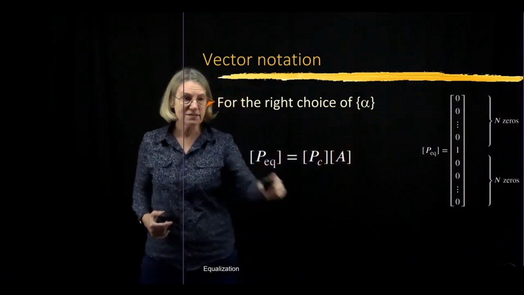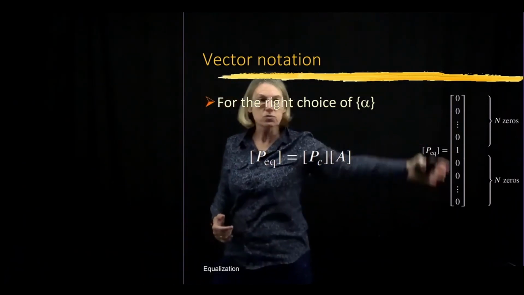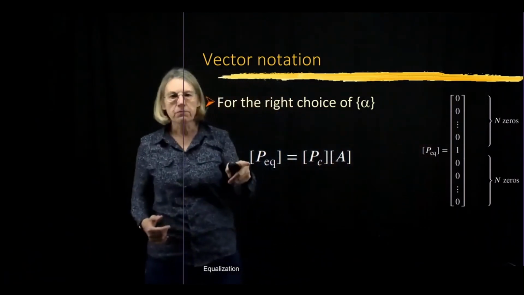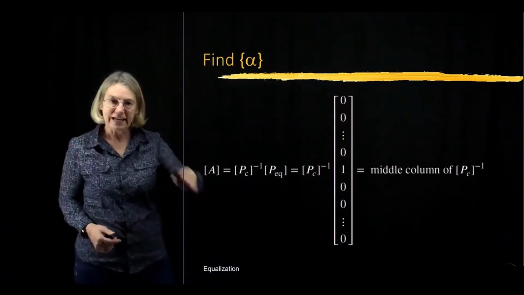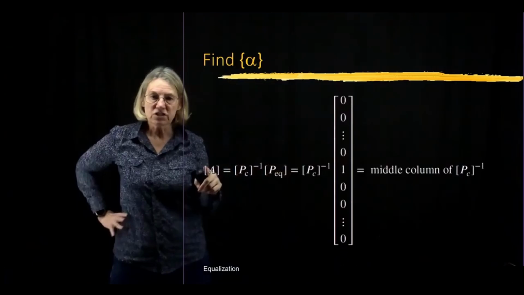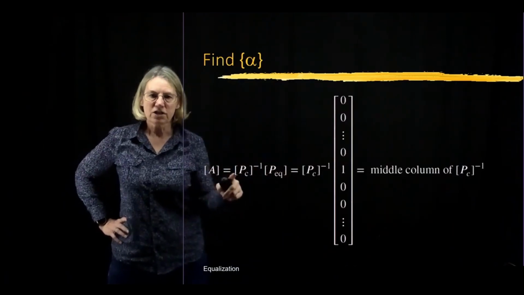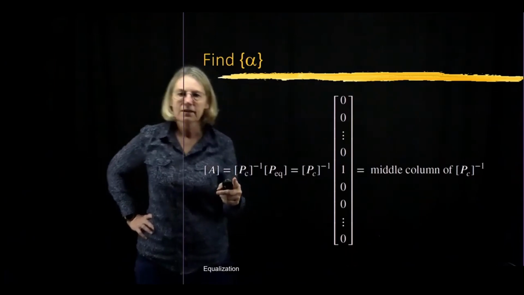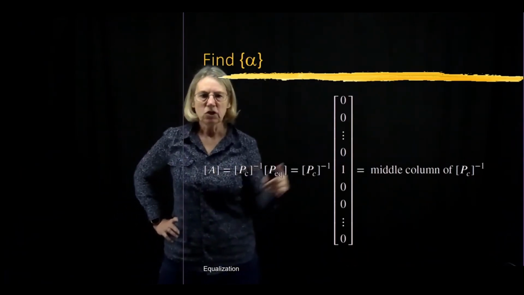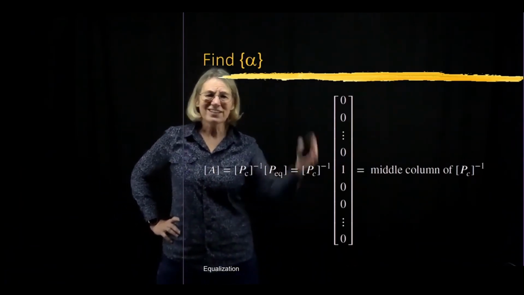So I know what this is. It's just this impulse response vector. And if I pre-multiply by the inverse of PC, I know what I want for A. So let's just write that here, that the coefficients I'm looking for are just the inverse of this channel matrix, and I multiply it by PQ. But what is PQ? This is just like this impulse.